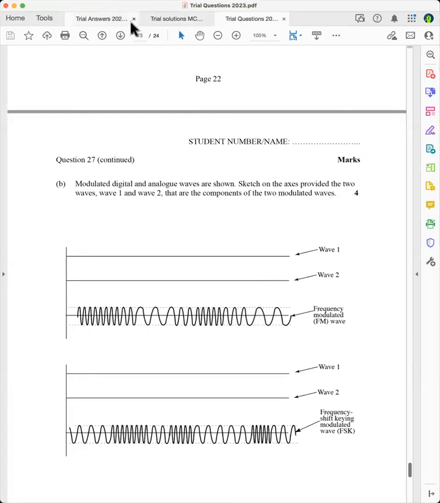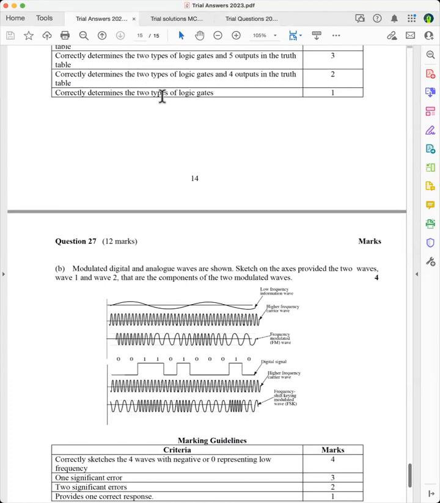So let's have a look. So modulated digital and analog waves are shown. So you've got a digital wave here, and you've got an analog wave up here.